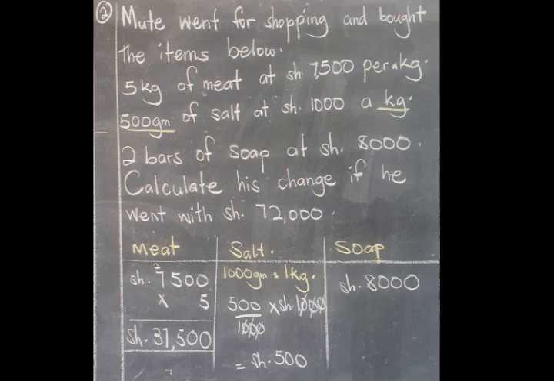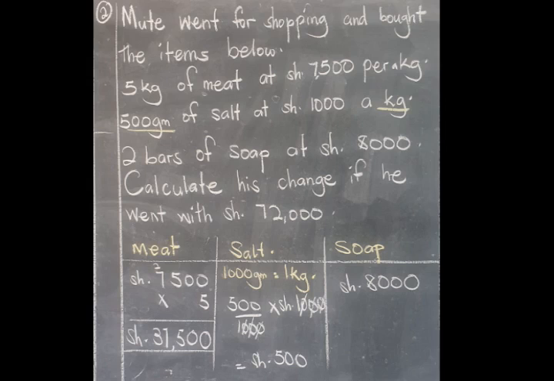So what are we going to do for this case? We are going to get 500 divided by 1,000, then times the unit cost, which is 1,000 shillings. We are lucky that the denominator that we have, which is 1,000, is directly divisible by the unit cost, which is also 1,000.